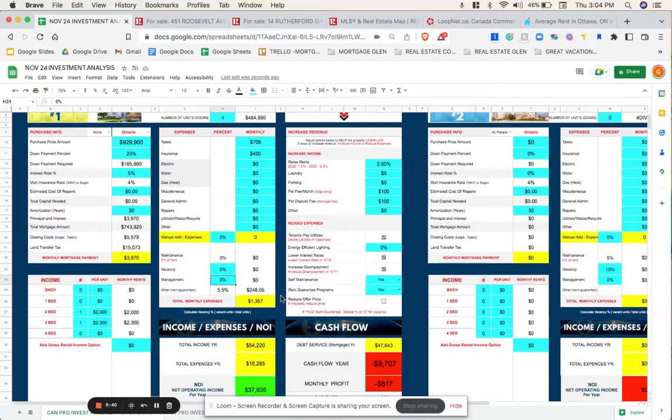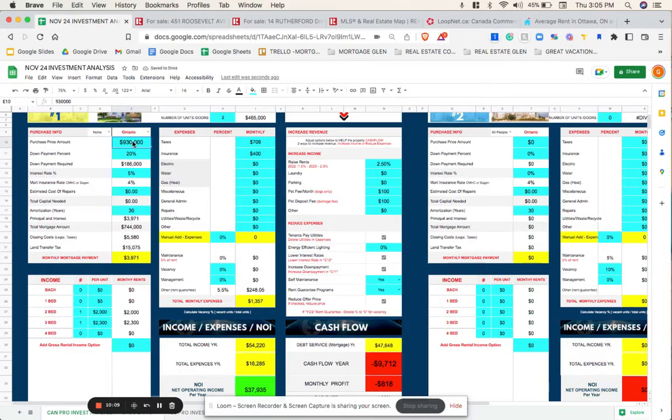Okay, so the last option here is reduce offer price. So yes, 929 is too much. So we're going to go down to, let's say, 850,000. Let's see. Hold on a second. It's 930, right?